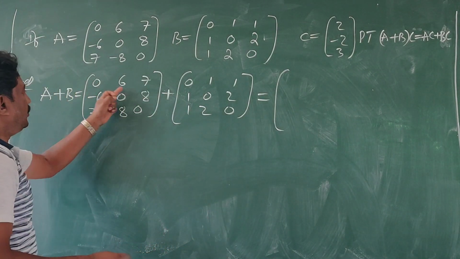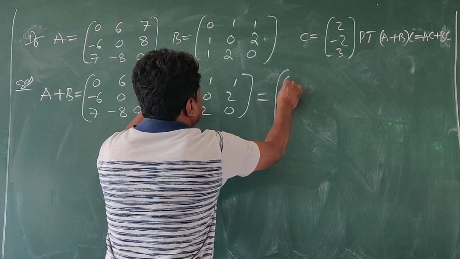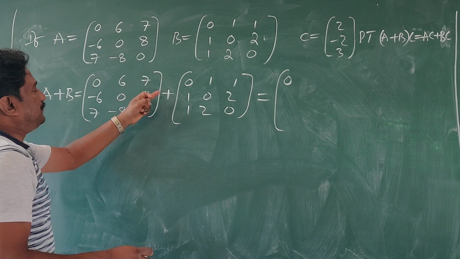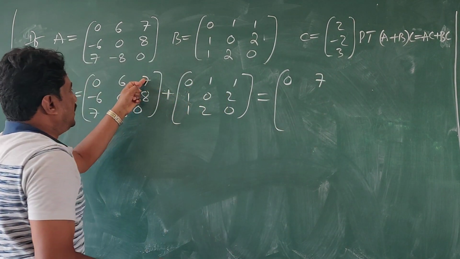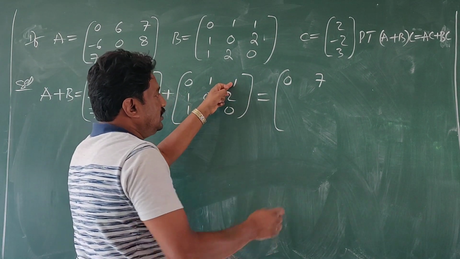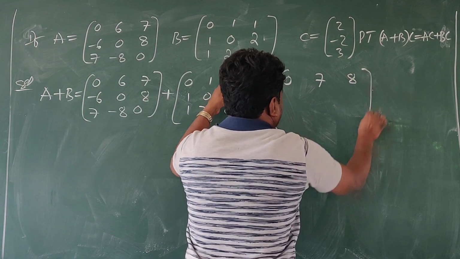0 plus 0, it is 0. 6 plus 1, 7. 7 plus 1, 8.